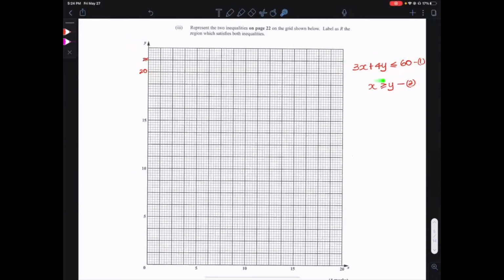So you're expected to know to simplify this inequality. So let me know when you have the graph drawn up.